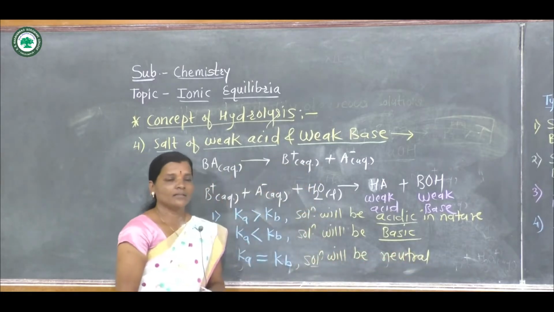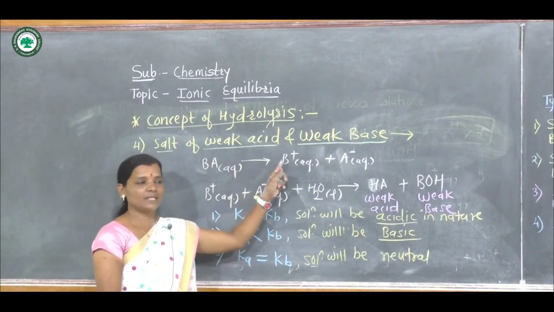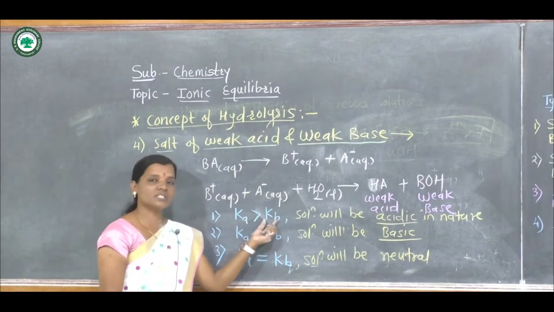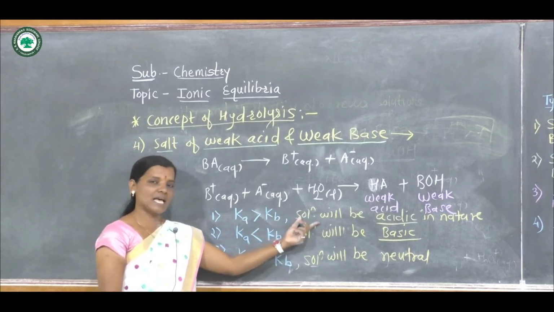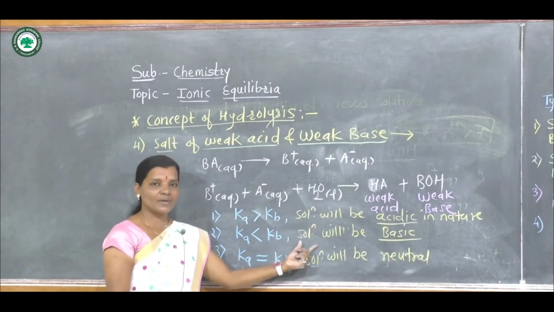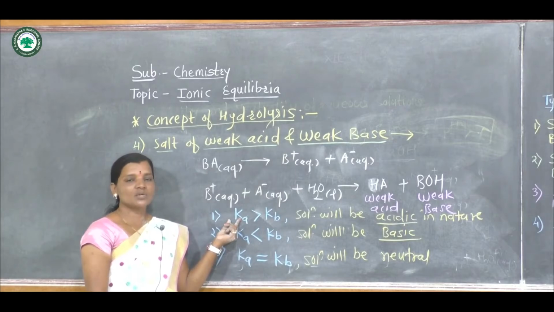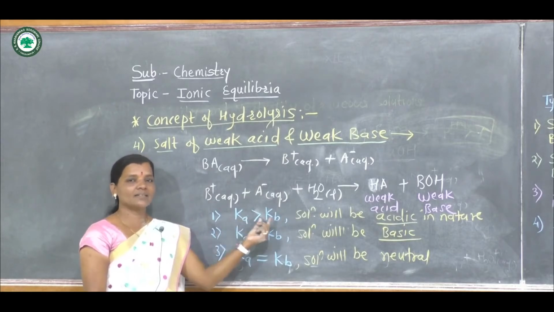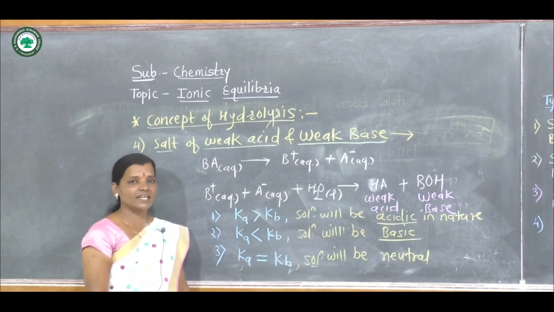Now this is the fourth type of salt, salt of weak acid and weak base. Depending upon the strength of acids and bases, we can find out whether the solution is acidic, basic or neutral. When the dissociation constant of the weak acid is greater than that of the weak base, solutions are acidic in nature.